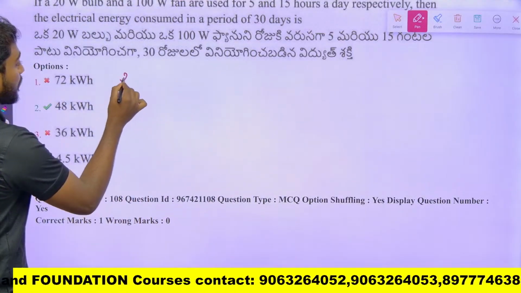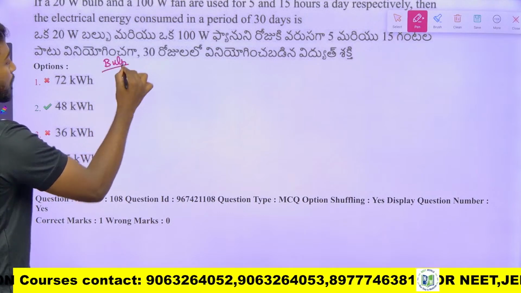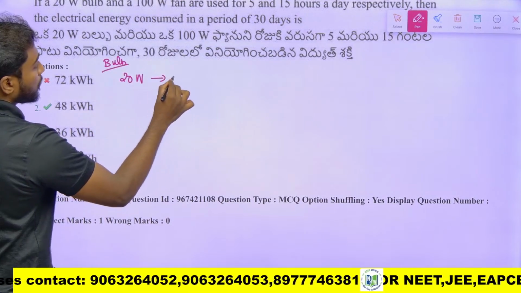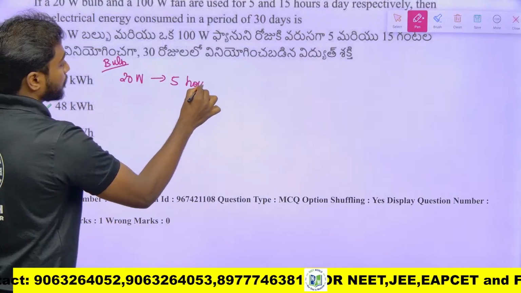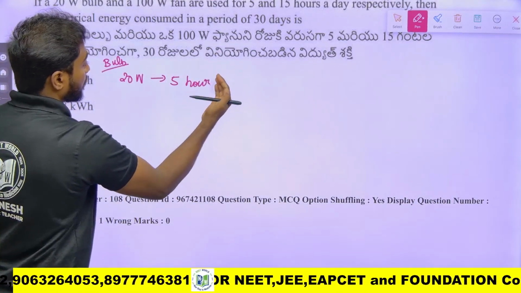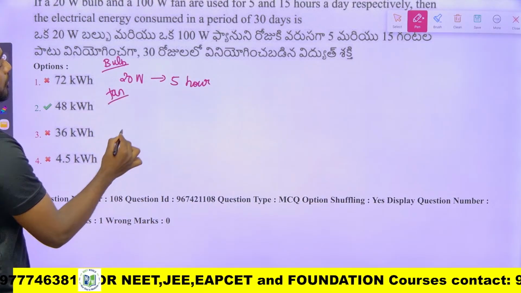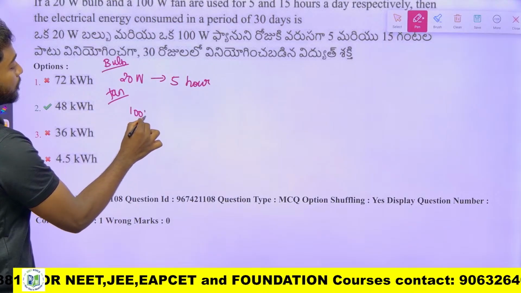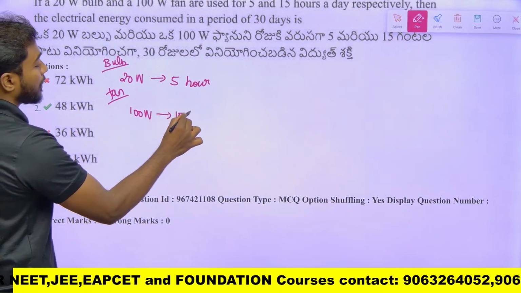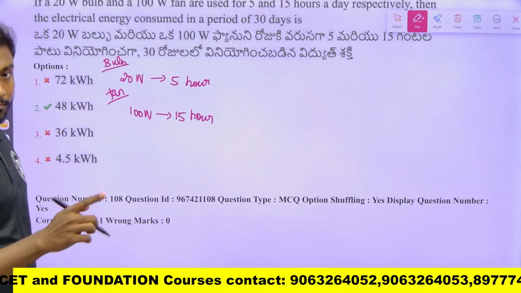So, 20 watt bulb. So, for bulb I am writing used for 5 hours. And then for fan it is 100 watt used for 15 hours. See, these are the things given for per day.